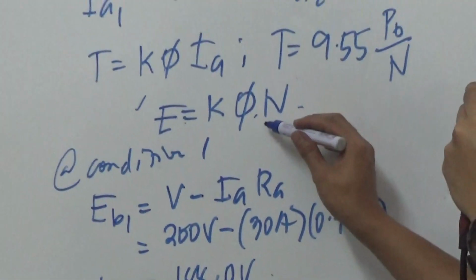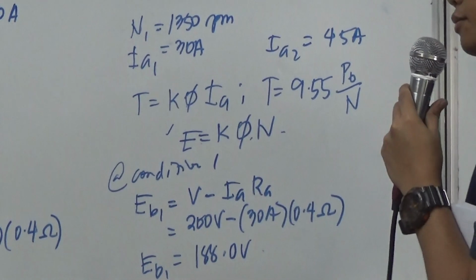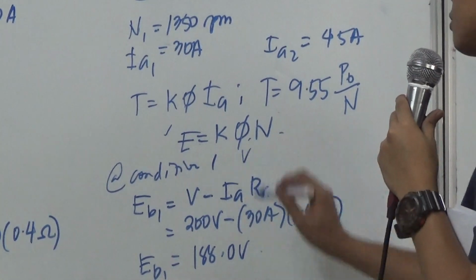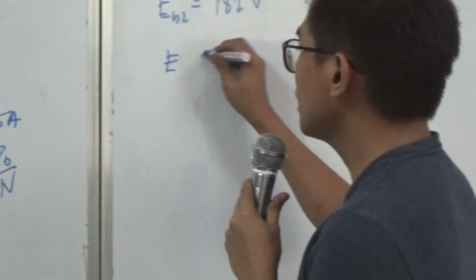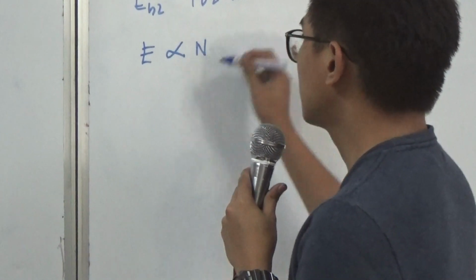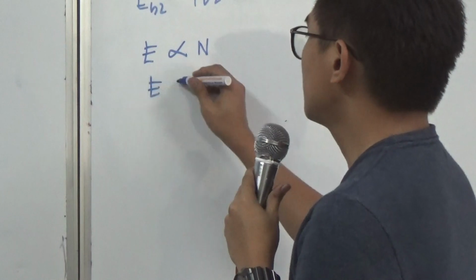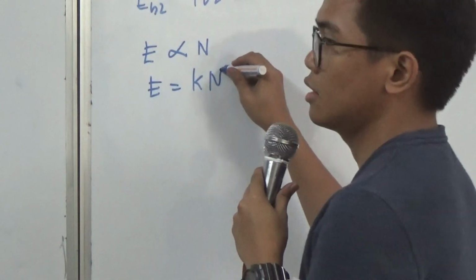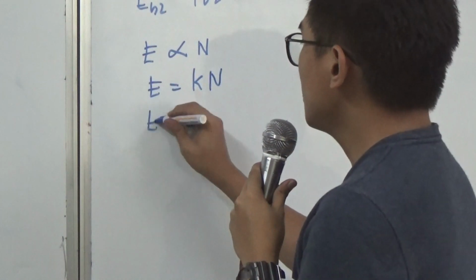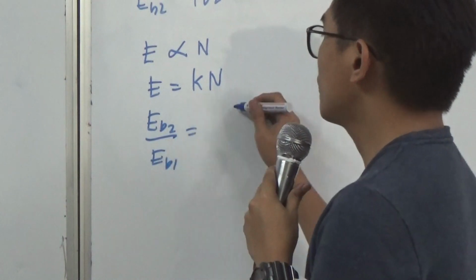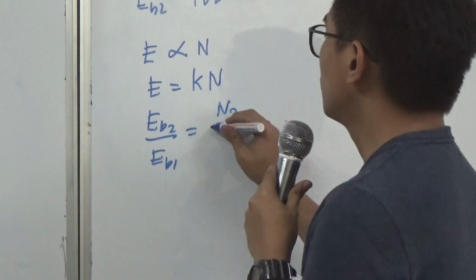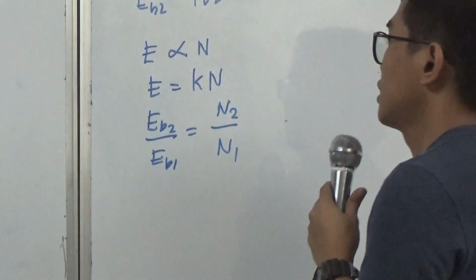Constant naman daw ito, di ba? Ay, wait. Flux, sir. Flux remains constant. So, E now is directly proportional to N, or E is equals to K N. So, EB2 divided by EB1 is equals to N2 over N1.